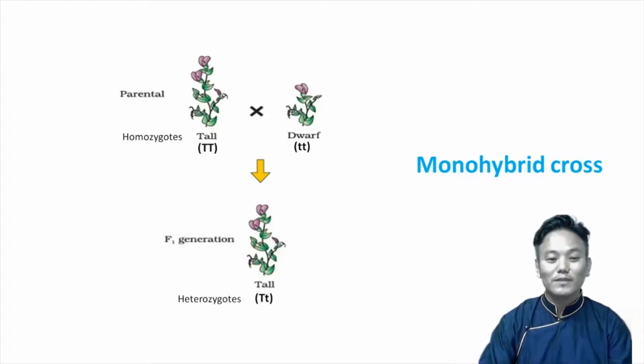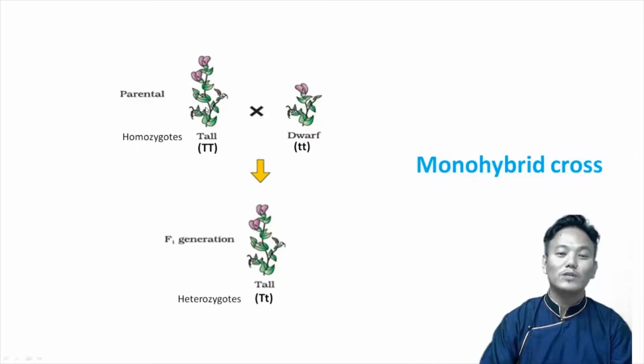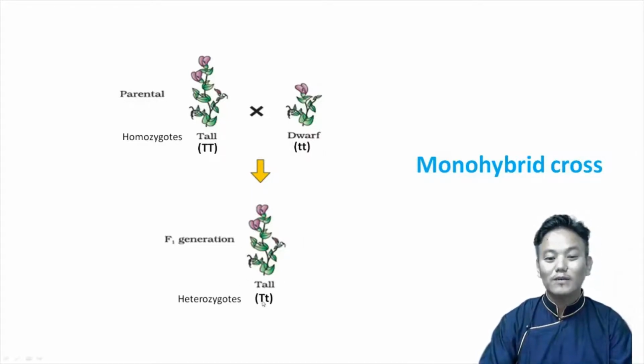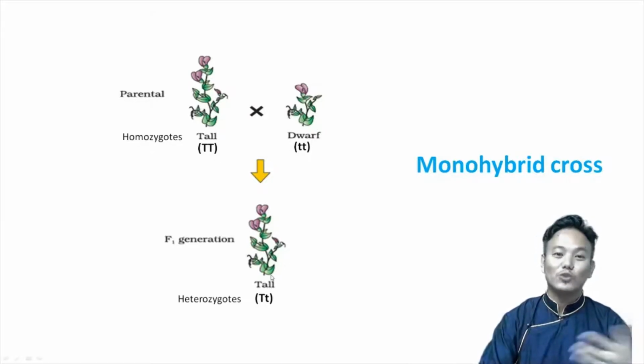In a homozygous individual, there is no confusion. Since both the factors are same, the plant will be tall, or the plant will be dwarf. But in this particular case, both the alleles are not same. Both the factors are not same. They are heterozygotes. Even though they are heterozygotes, the plant will show only one of the parental characters, and that character is said to be dominant.